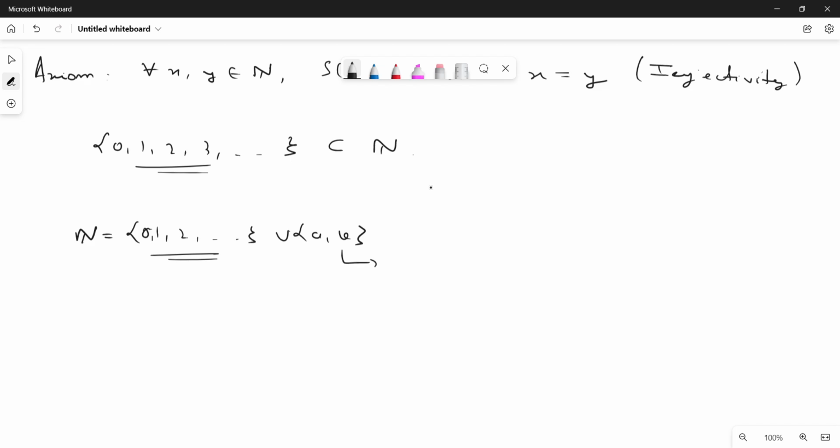The successor function is defined as before for this case, and here we have S of A as B and S of B as A. So the successor function is pretty much defined here, right? So now what? Our main focus is to think about this part, A and B. Can such a set be the final set of natural numbers?